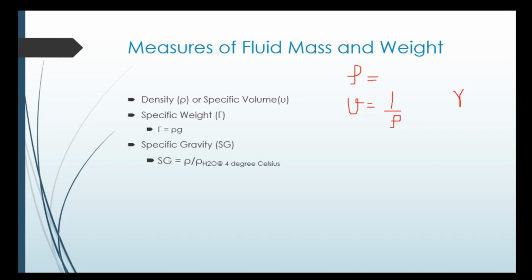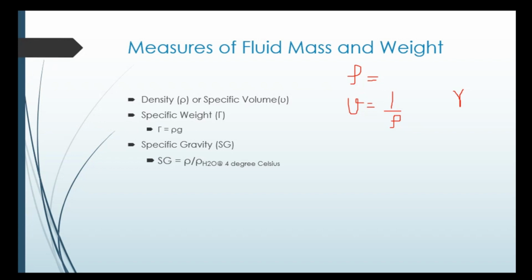Specific gravity. Specific gravity is the density of a specific fluid divided by the density of water at 4 degrees Celsius.